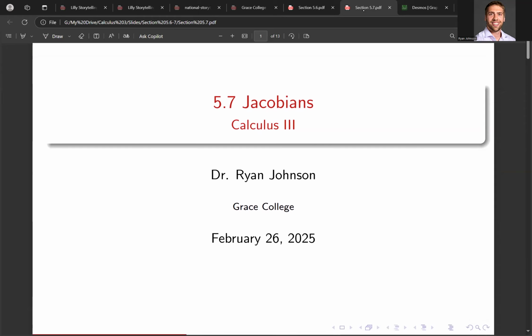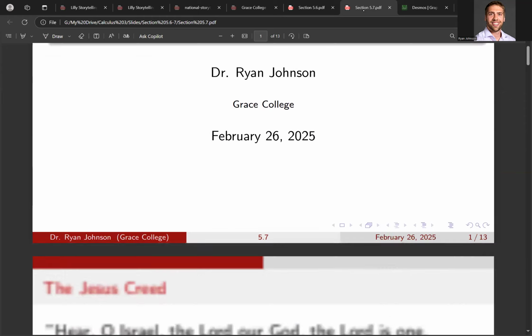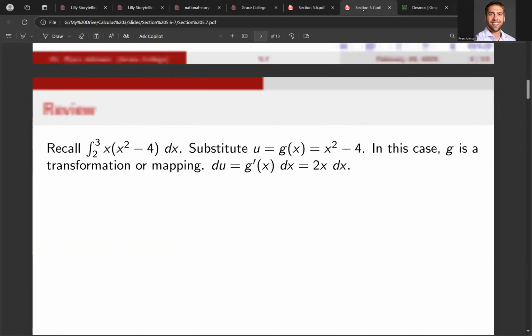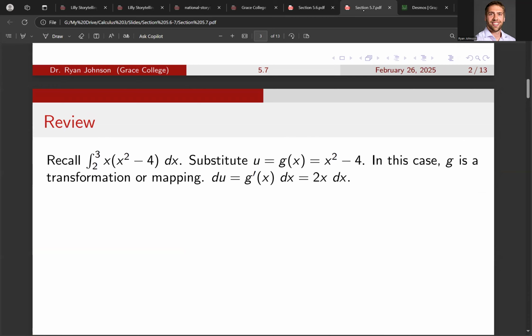All right. So let's recall u substitution. With Calc 1, no, well, is u substitution Calc 1 or Calc 2? A little bit of both. Okay. So when you're doing u substitution, you're really letting u be a function of x, right?